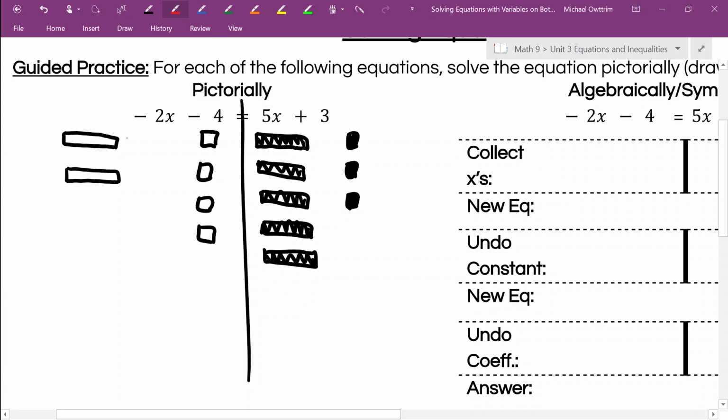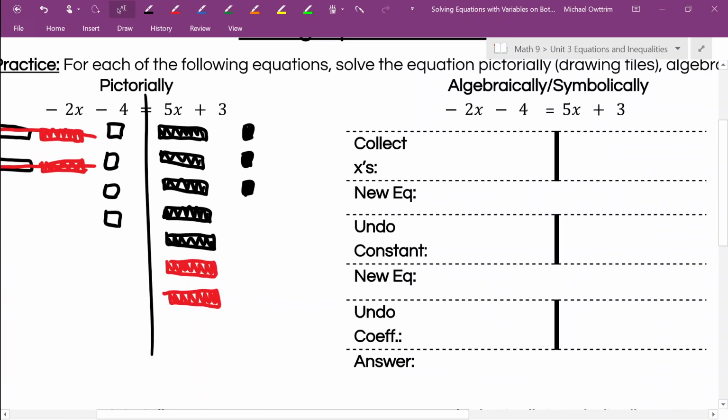I've got my two negative x's on the left side, and we're going to have to add two positive x's to form zero pairs with those to cancel them out. Now obviously, to keep things fair, if we add two positive x's to the left side, we also have to draw in those two positive x's on the right side as well. And there we have that.